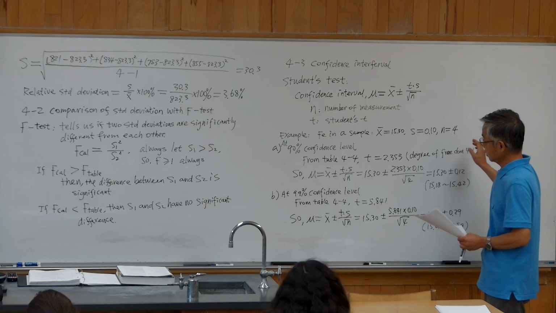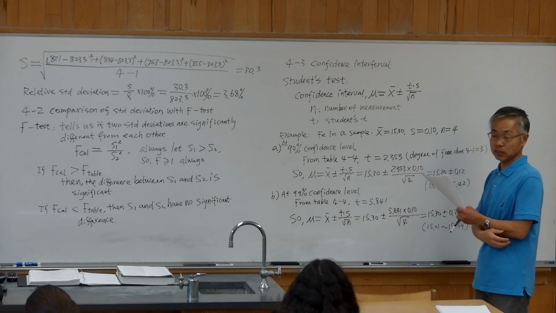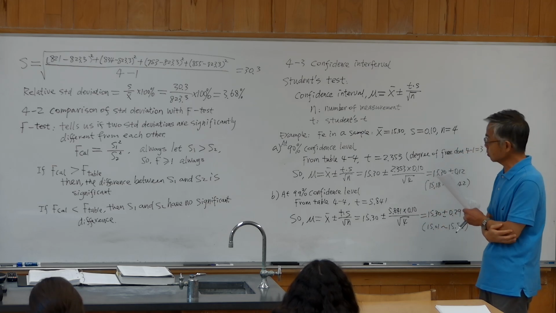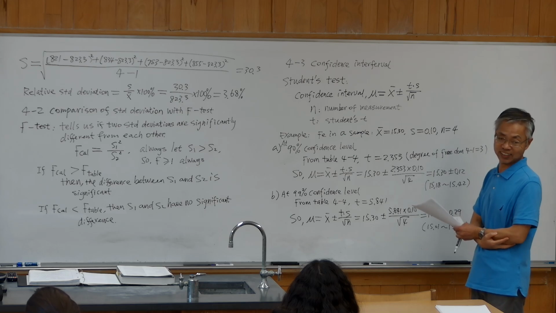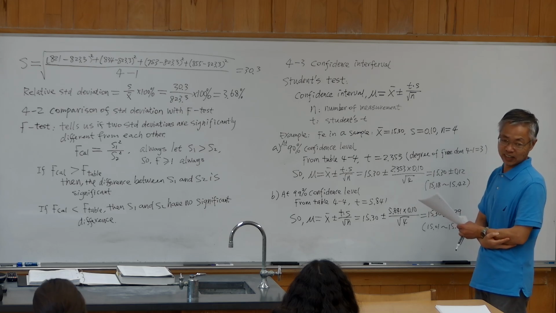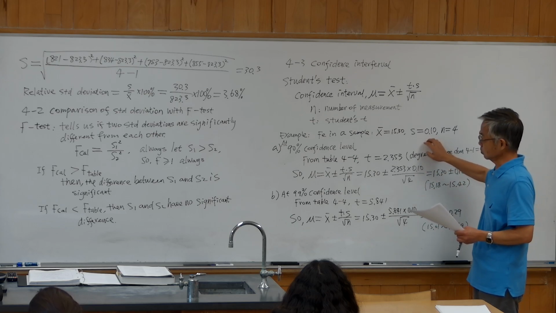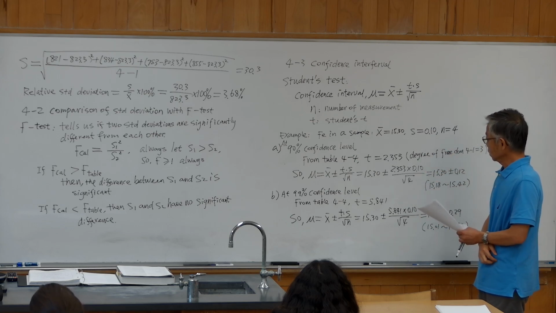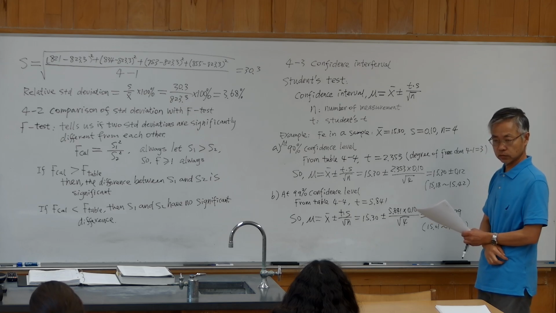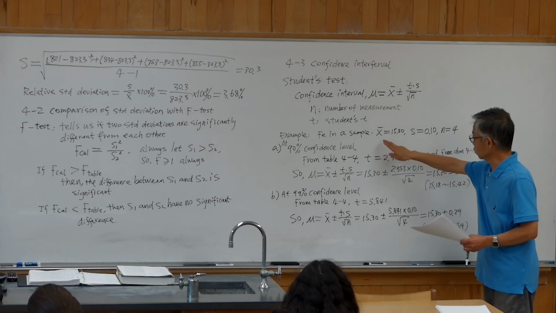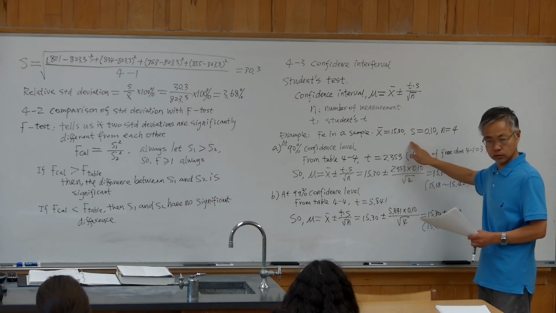So now, what's the actual meaning of 90% confidence level or 99% confidence level? I explained it briefly, but now in more detail. Suppose for this example we run this experiment 100 times, 100 charts, and each chart we measure 4 times.